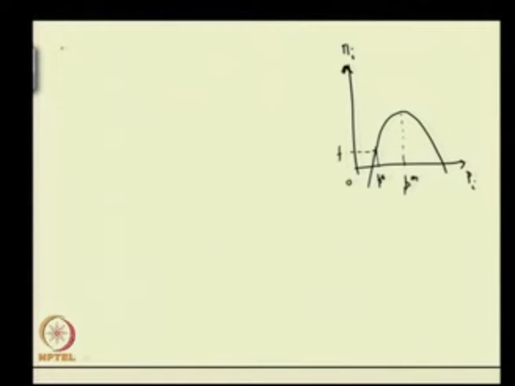This point of intersection is the point C, and this is the point alpha. Now, is there an equilibrium? Our claim is that there is no equilibrium here.